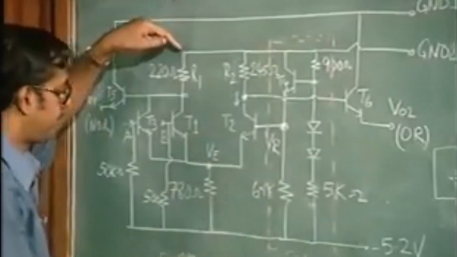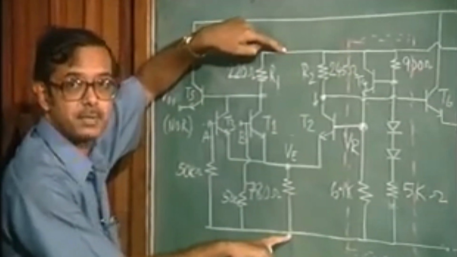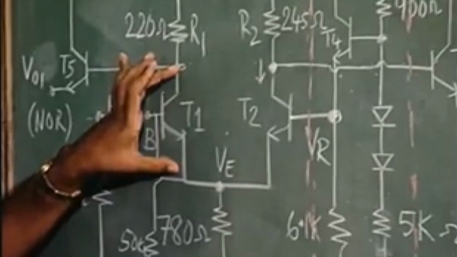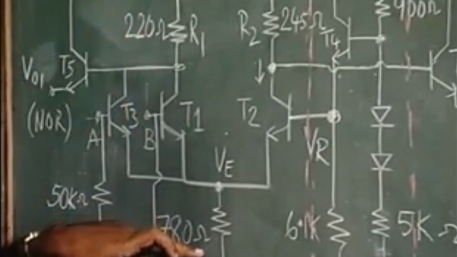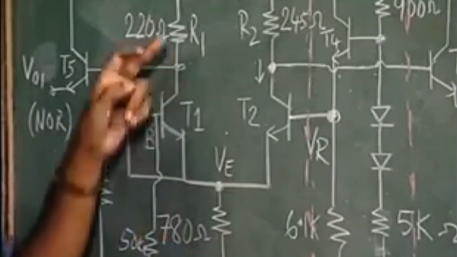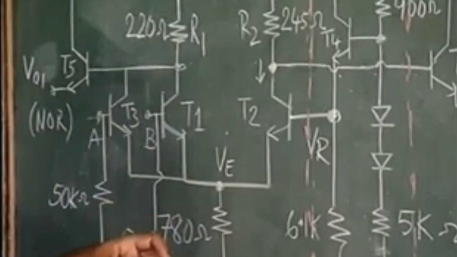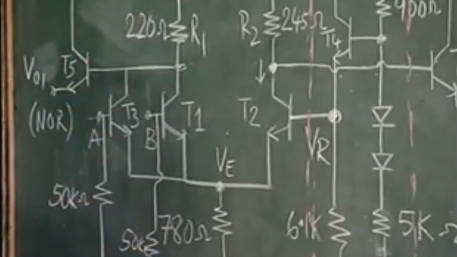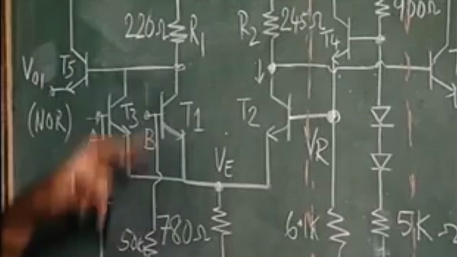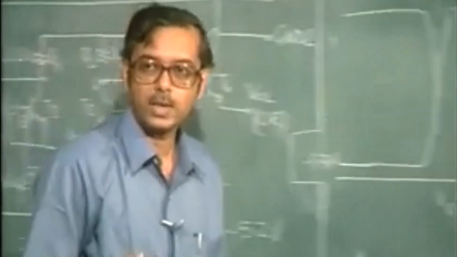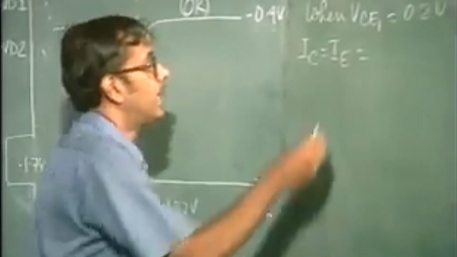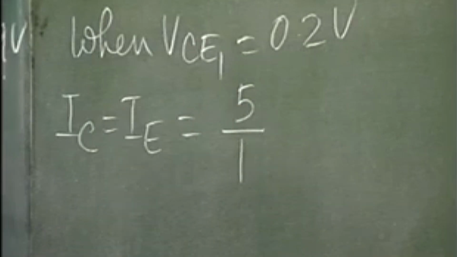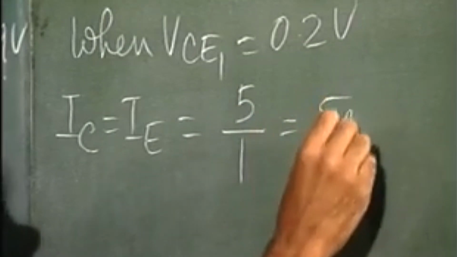The total voltage across the power supply is 5.2 volts. 0.2 volts is dropped across the transistor. The remaining 5 volts is dropped across the two resistances, and the current flowing through the two resistances is the same, IC is equal to IE. So, 5 volts divided by the sum of these two resistances is the current. What is the sum of these two resistances? 780 ohms plus 220 ohms, 1 kilo ohm. So, IC is equal to IE is equal to 5 volts by 1 kilo ohm, which means 5 milliamperes.